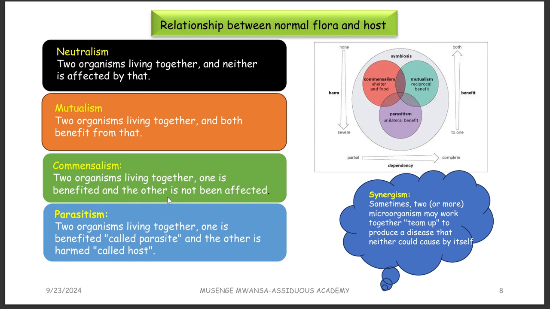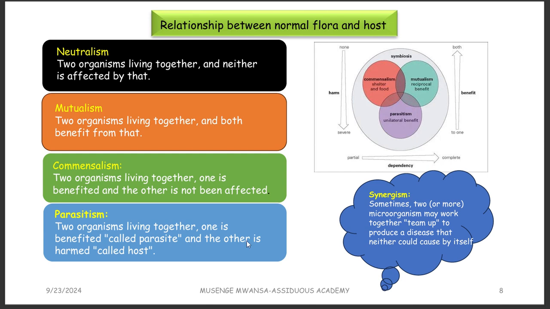One is benefited and the other one is not affected. And most of the bacteria are actually commensals. They will live in the body, but we are not affected. And then sometimes this can be parasitism. Two organisms live together. One is benefited, which is the parasite, and the other is harmed.